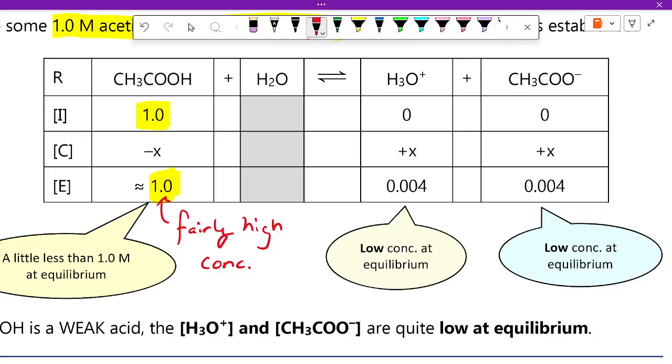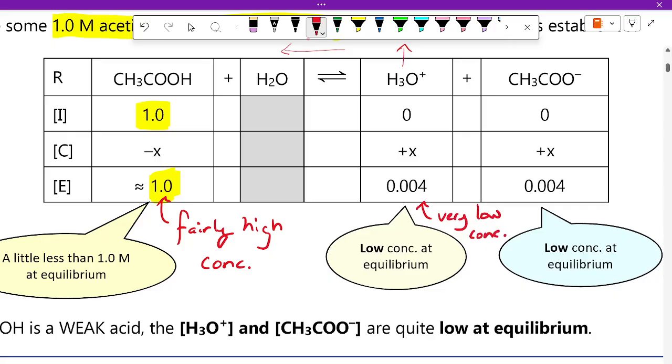But what if we added some hydrochloric acid? What would happen? We would increase the concentration of hydronium, and it would shift to the left. But we have a little problem here, because this is a very low concentration.